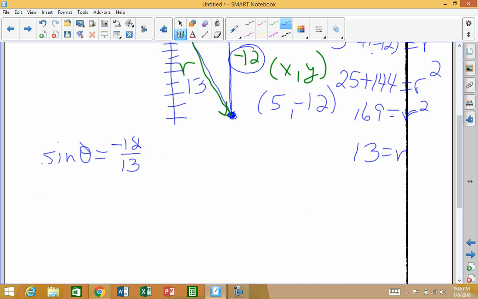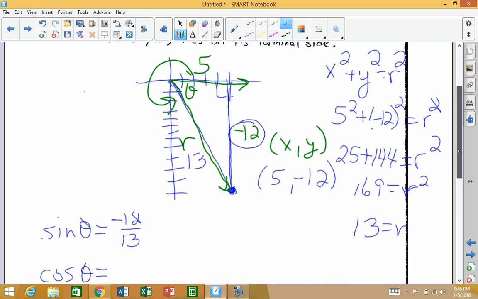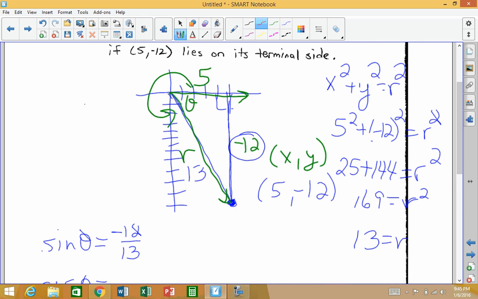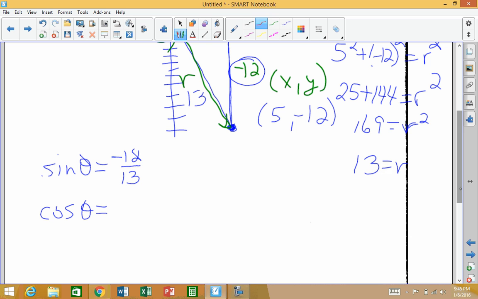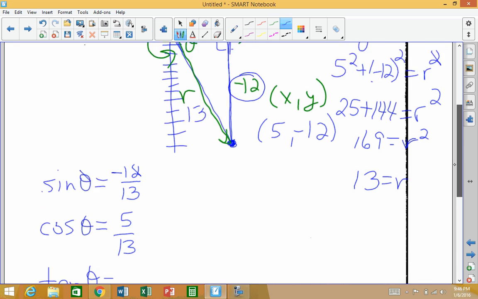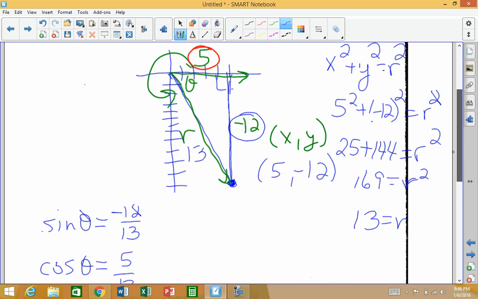Okay, cosine of theta, it's going to be our adjacent side now, over the hypotenuse, so that's going to be 5 over 13. And tangent of theta is going to be our opposite, -12, over our adjacent, 5.